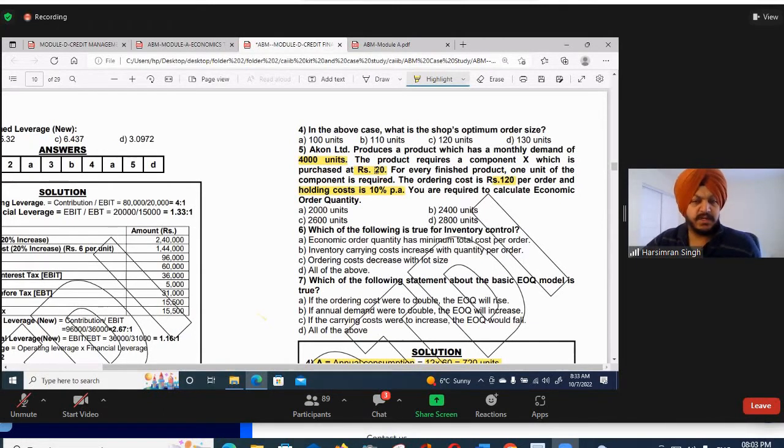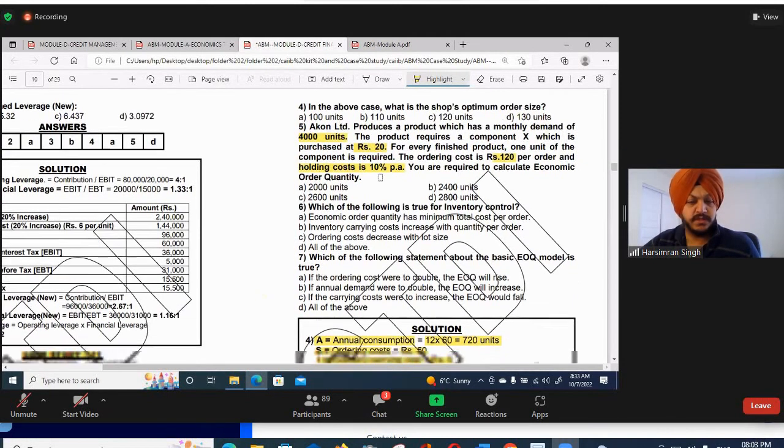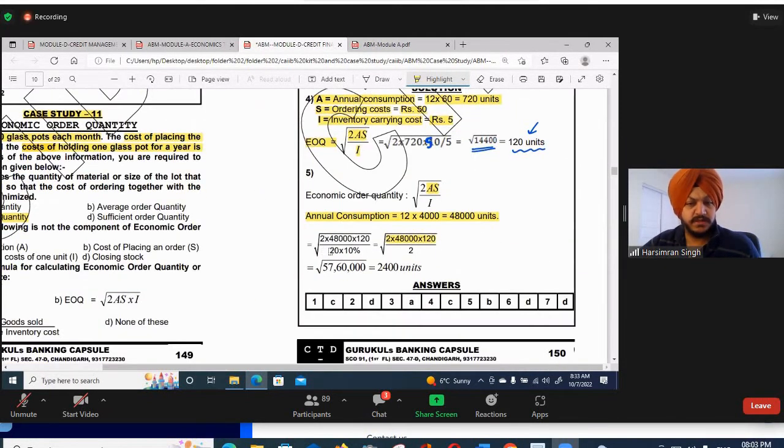So basically what is he trying to say, that the inventory holding cost is 10% of this 20 rupees. This is what he's trying to say. So 20 into 10% is 2. Generally this question will not come, but since it is written, I'm just clarifying and telling you.